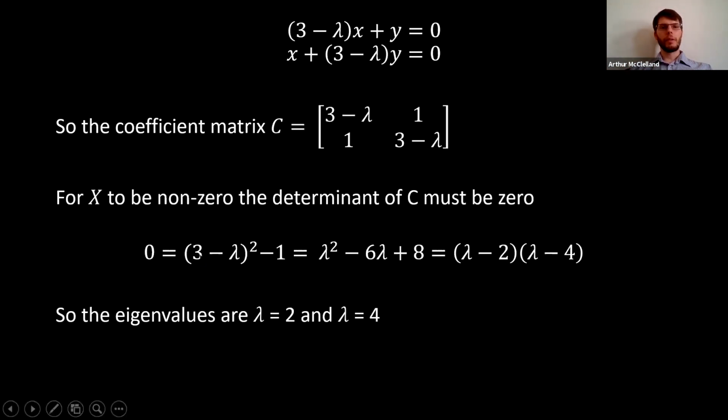So we have (3 minus lambda) squared minus 1, which ends up being just a quadratic equation, lambda squared minus 6 lambda plus 8, and the roots of that quadratic equation are 2 and 4. So the eigenvalues for this equation are 2 and 4.